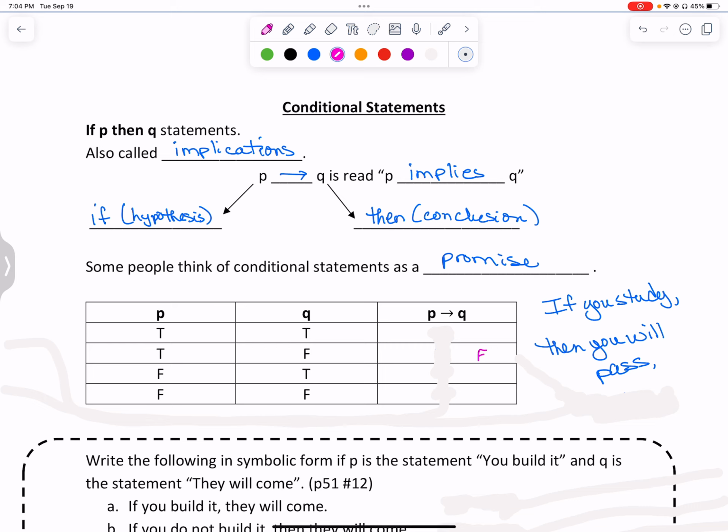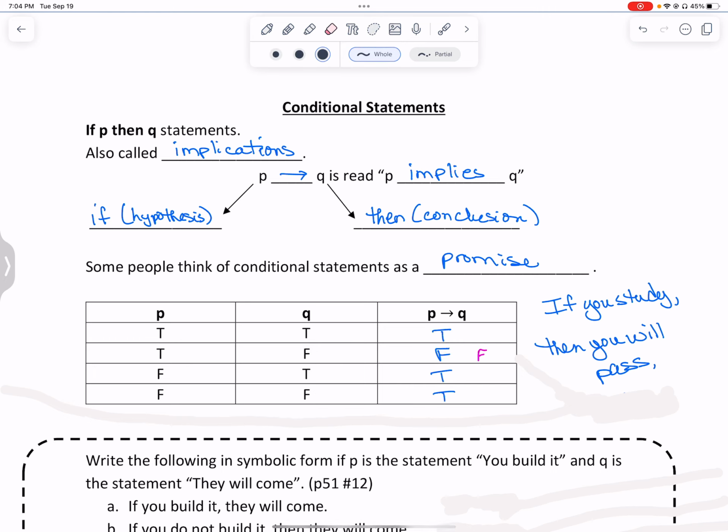Okay. What if you didn't study, but you did pass? I didn't make a promise that said, if you don't study, you will fail. The promise is, if you study, you will pass. So if you don't study and you lucked out and you passed, that doesn't mean that I told you a lie. So that would still be true. If you don't study and then you don't pass, again, that's not a promise.